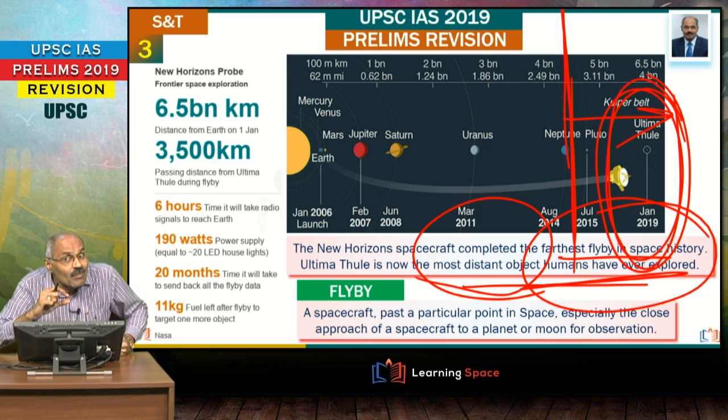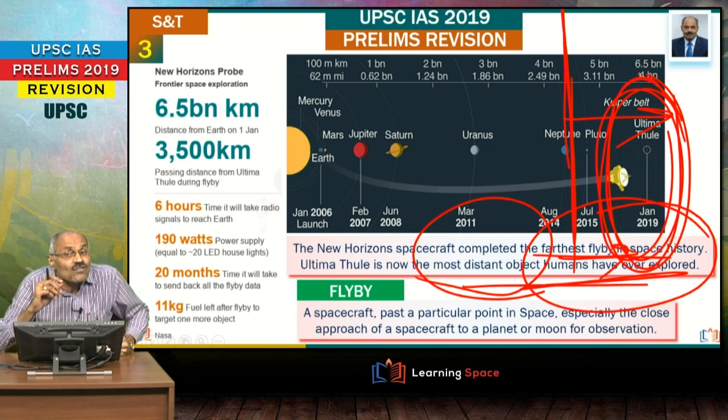And in space history, this is the farthest flyby. That means now 6.5 billion kilometers away, this Ultima Thule, this particular object in the Kuiper belt, is being investigated through a flyby by the New Horizons spacecraft, and this spacecraft is of NASA, please don't forget.